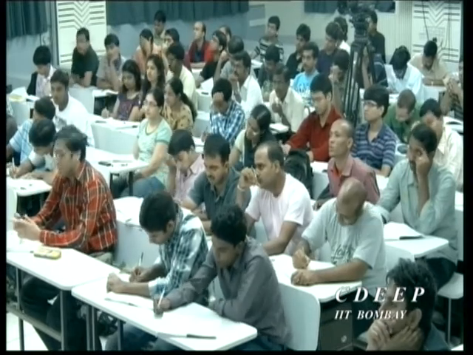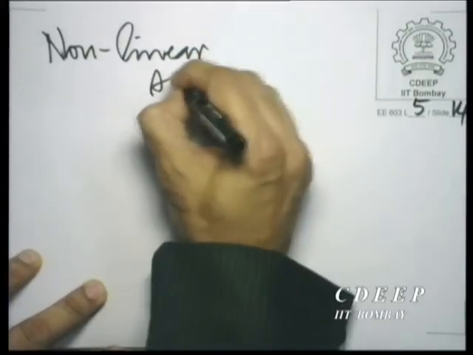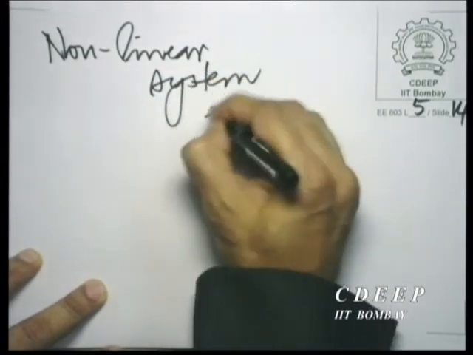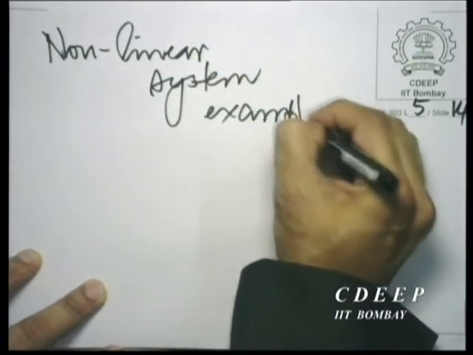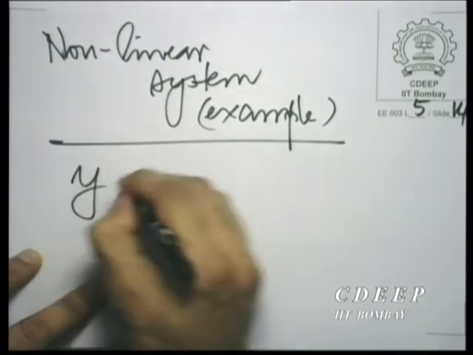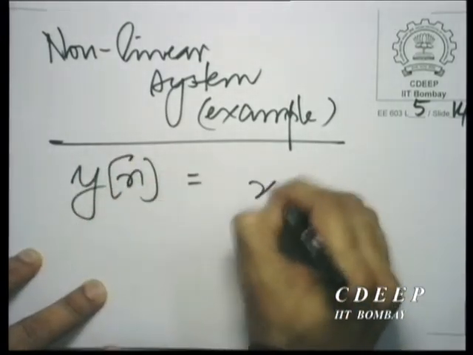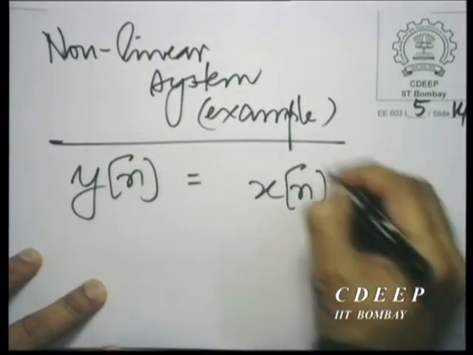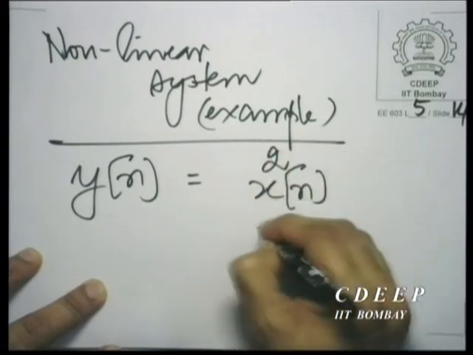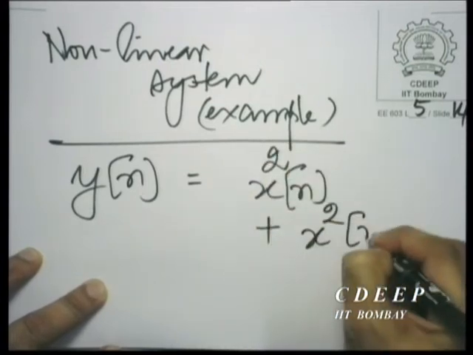Now, let us take an example of a system which is not linear at all. Non-linear system. Well, very simple, take any non-linear operation. You could have x squared[n] plus x squared[n-1].